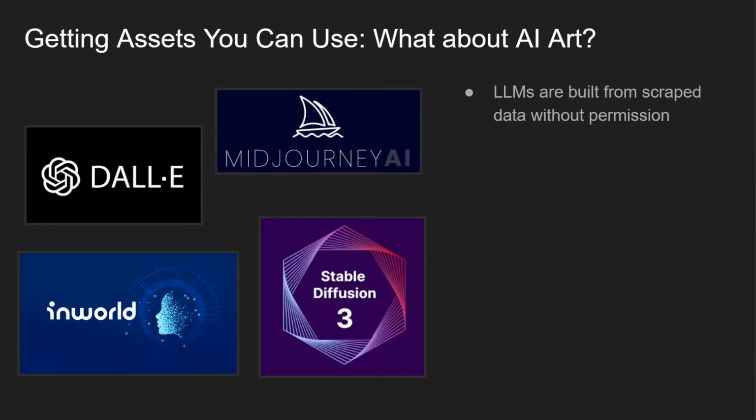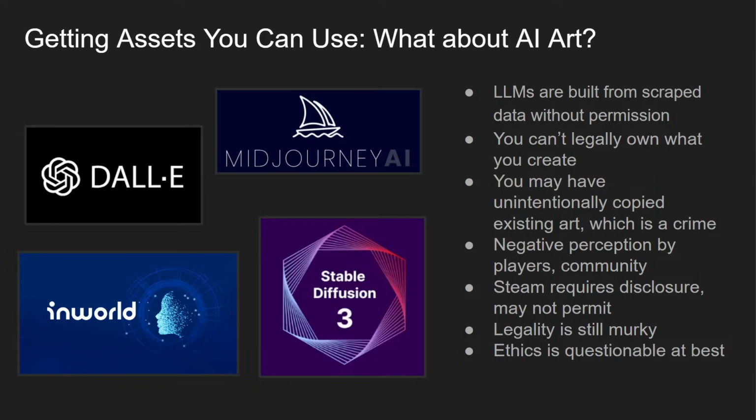But also the question comes up, what about AI art? Well, the reality is that you can use it for a placeholder, but if you're going to release a game using AI art images that are generated from something like this, know that you don't own the copyright. It's entirely possible you could be using copyrighted images that you don't even realize.